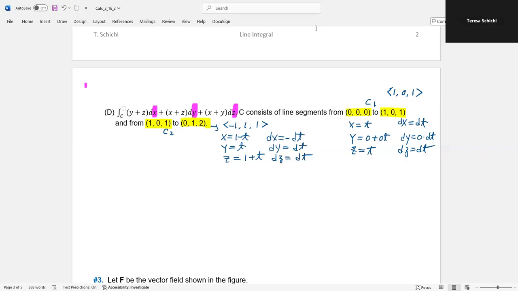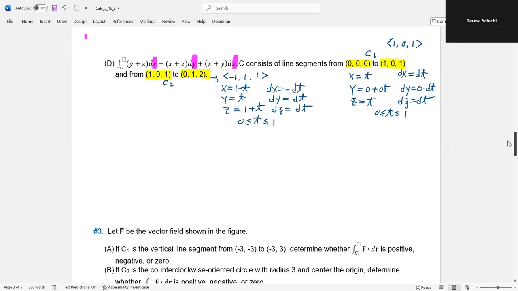Correct? Okay, so now let's see here, of course, because these are line segments for both functions, t is from 0 to 1 for both segments. Okay, so now let's try to write this.